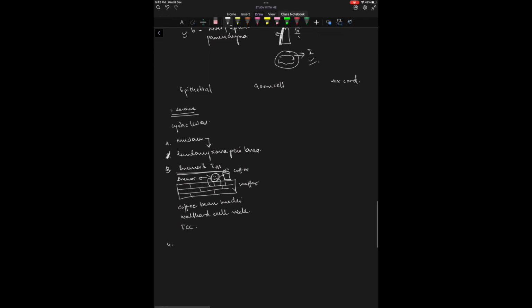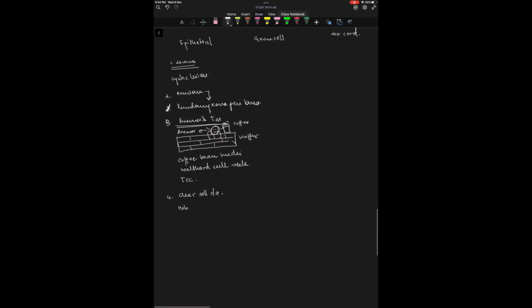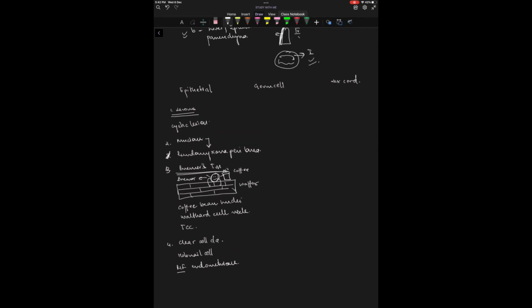Then there will be clear cell carcinoma. What are the buzzwords? Hobnail cells, and its risk factor is endometriosis. Then germ cell tumors will be yolk sac tumor. The buzzword, what will be there?